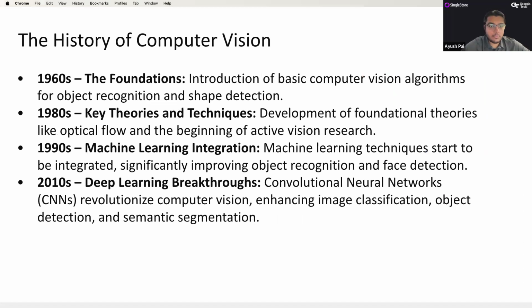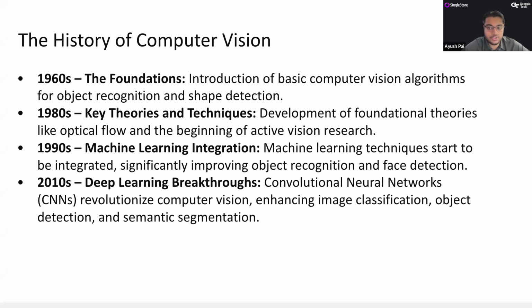So, just a quick history of computer vision itself, to give you an understanding of how we came to this point where we can do this type of crazy technology that we have today. We began in the 1960s with foundational algorithms for object and shape recognition. In the 1980s, we had key theories like optical flow, and the start of active vision research.